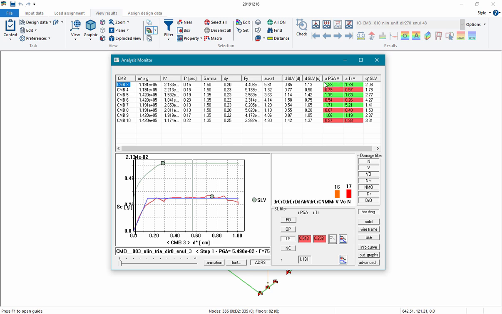If the cell is green, it means that in this load combination the safety checks are satisfied, so the capacity in terms of displacements is higher than the demand. And then we have the same ratio, but in terms of return period instead of acceleration.